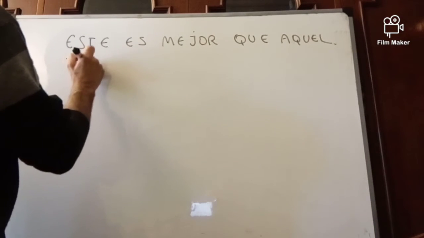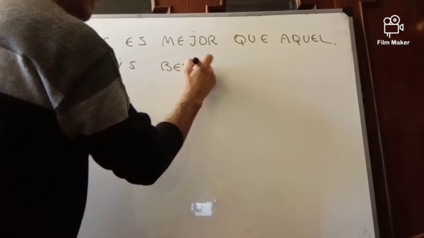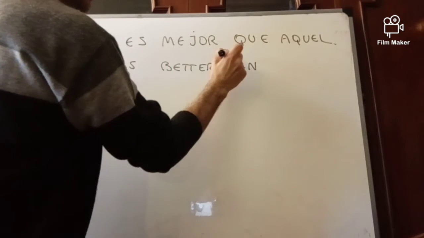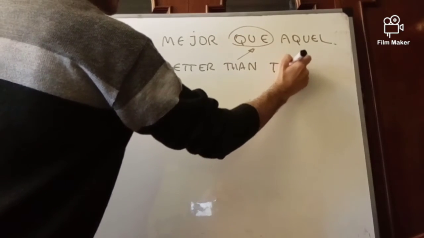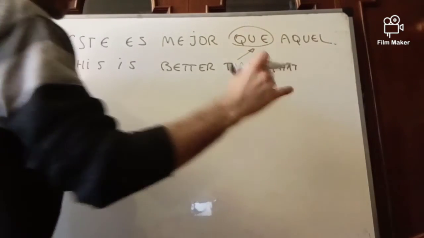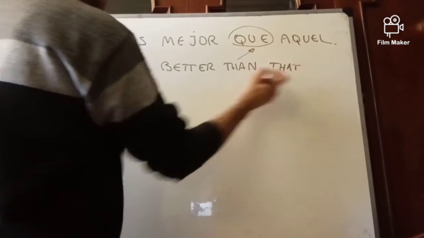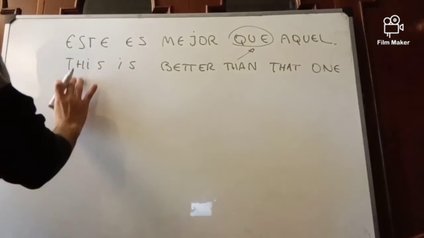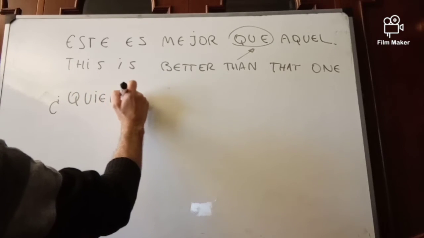This means this is better than. To say than, we use this que. And as aquel is distant from us, we translate it into that one. So this means this is better than that one.